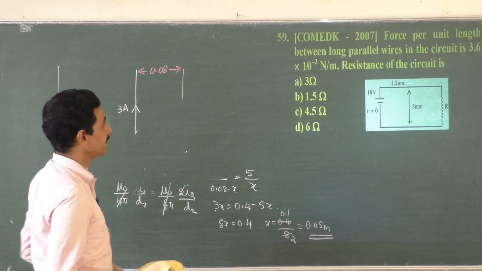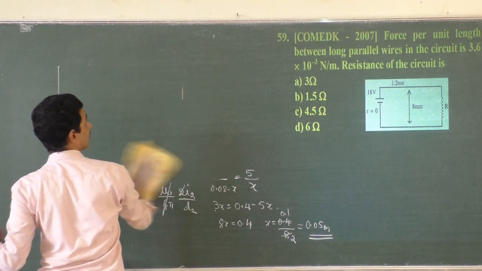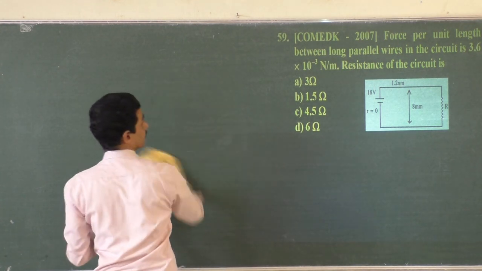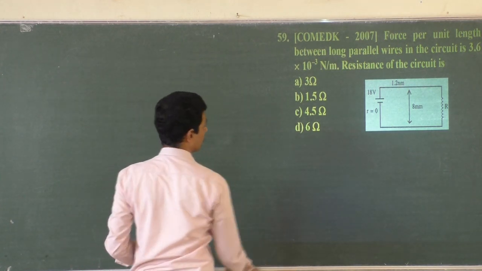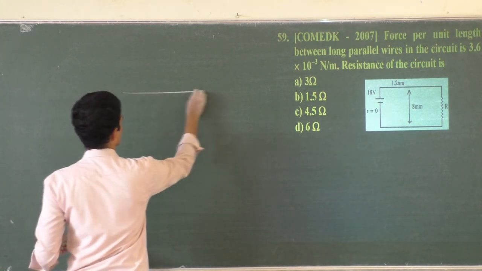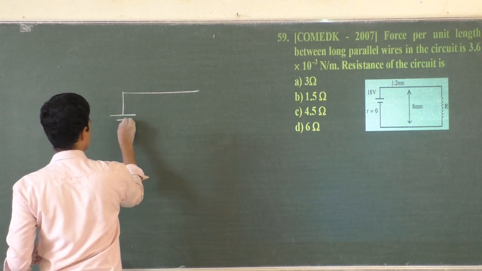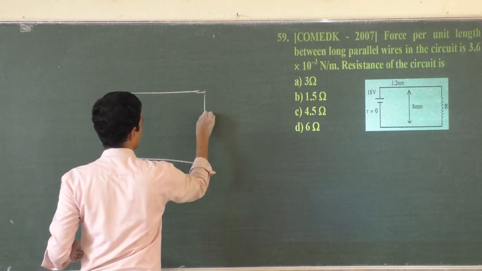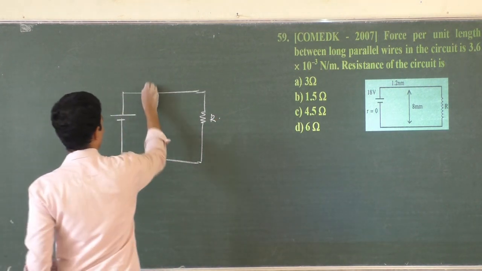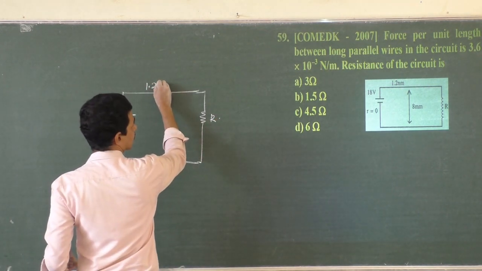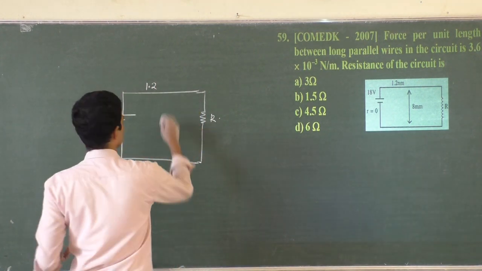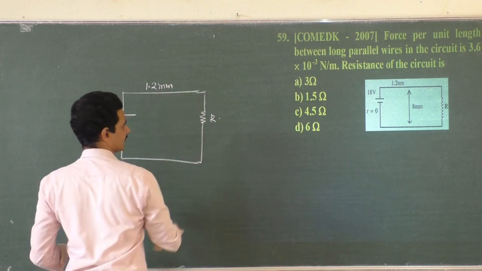Force per unit length between two straight parallel wires carrying currents in the circuit is 3.6 into 10 to the power minus 3 Newton per meter. The resistance of the wires in the circuit is, so this arrangement is like this. Here is a resistor, and they want the resistance of the resistor. The 1.2 millimeter doesn't count here.